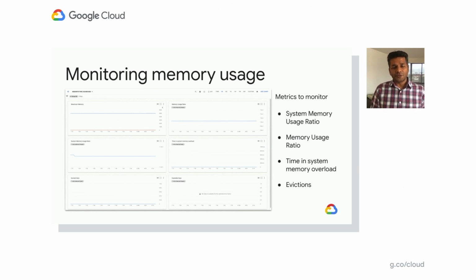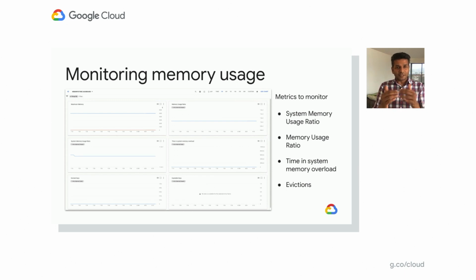The next one is also very interesting and something that we introduced recently, which is the time in system memory overload. What happens behind the scenes is that we have put a cap on system memory beyond which we start blocking writes. The whole idea is that we ensure there is enough system memory available and the system will not go into an unstable state or crash.